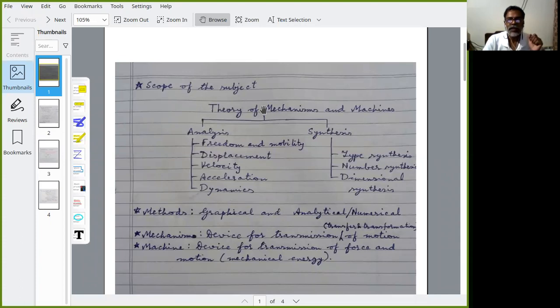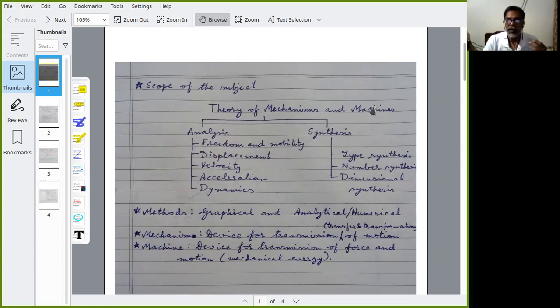The subject theory of mechanisms and machines has two broad aspects of study. One is analysis and the other is synthesis. Analysis is to find out how a mechanism or a machine behaves.